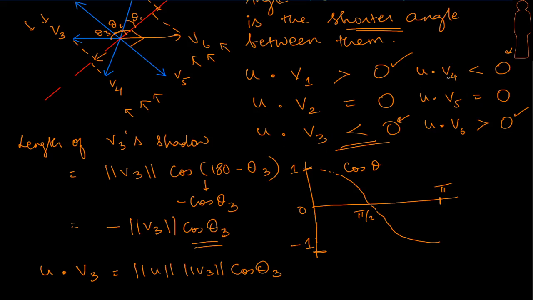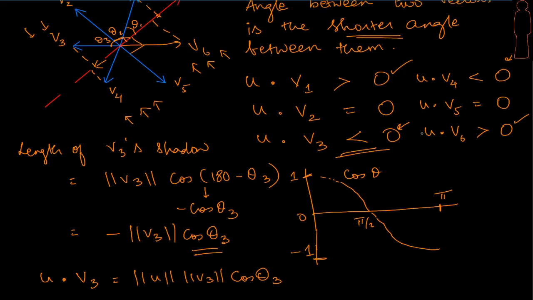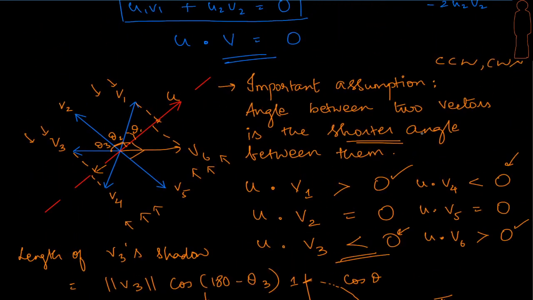Now look at v4 similarly. We find that there is a theta here, but theta 4 is more than 90, and that tells us that cos of theta 4 is going to be negative, and therefore u dot v4 becomes negative. You can similarly work out for v1 and v6. I'm sure you are able to appreciate and understand there is one fantastic insight that the dot product is giving us.